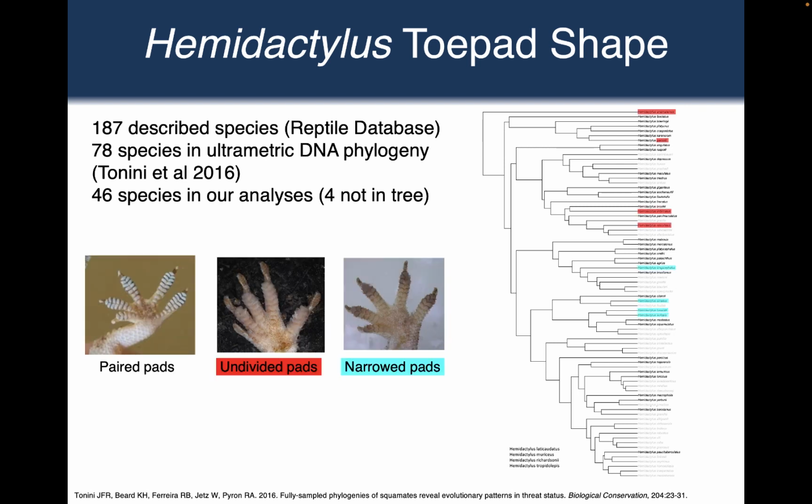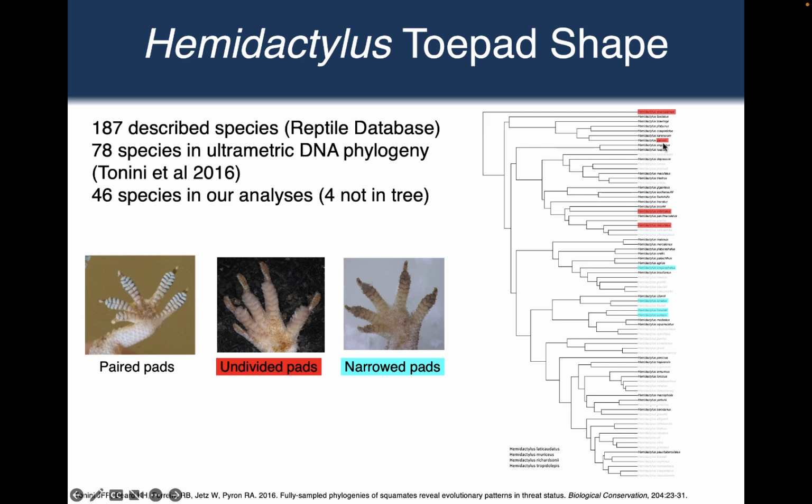To put in context some of the morphological variation in the group, again, species with black names have kind of your stereotypical pairs of pads along the toe. Species outlined in red have those undivided pads, those where the lamellae are just bands on the bottom of their feet. So here you can see there's that really early species of Hemidactylus with a fully undivided pad.